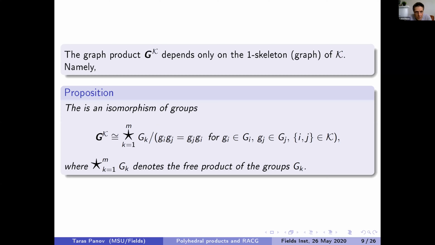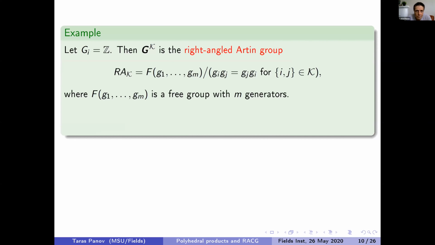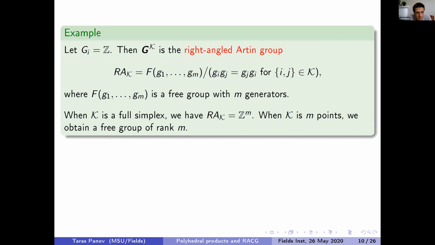Well, and then there is a natural question to ask how those two constructions are related. Namely, before I proceed to this, let's go through two very basic examples, which are familiar to all of you. The right angled Artin group is a graph product when all the groups in the vertices of the graph are just Z, infinite cyclic groups, as algebraists say, or groups of integers.